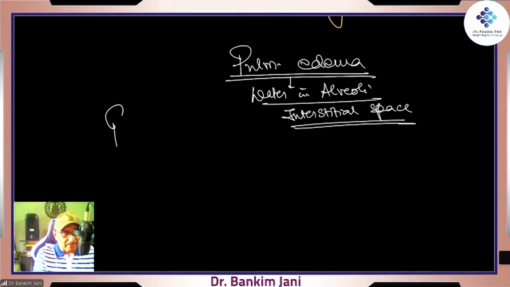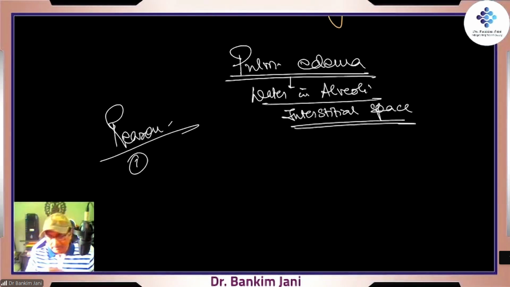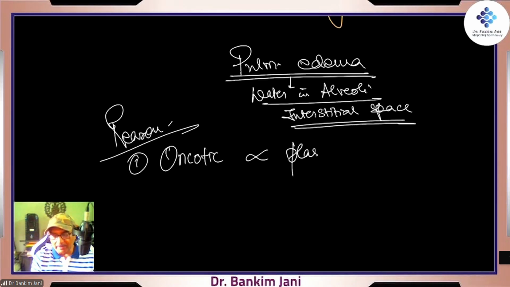So let's start. Reasons why it can really occur. First thing, which pressure is preventing the water from going out? Oncotic pressure, that's right. Oncotic pressure depends upon the plasma protein.